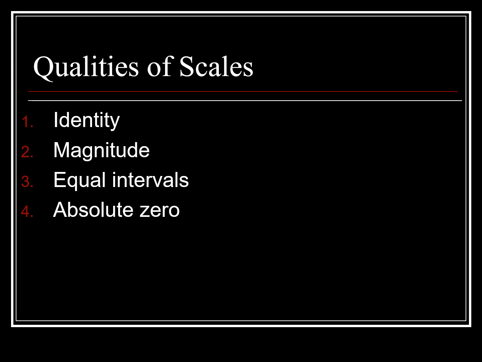So notice that there's a lot of things we want to measure, constructs, that we really can't get to absolute 0. But we should always be thinking of, as we create scales, as we create measurement, the more we can capture identity, magnitude, equal interval, and potentially absolute 0, the more we can do with those numbers when we're done collecting the data.